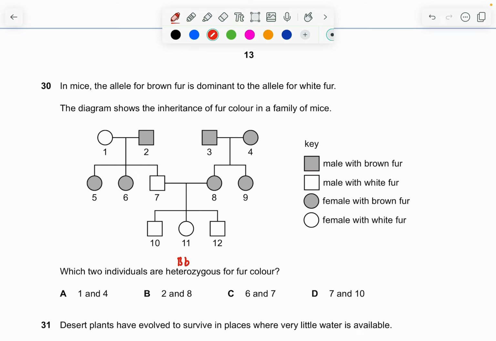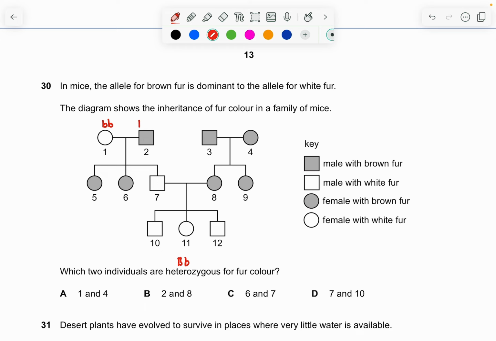So how do you know which two individuals are heterozygous? You can check by doing it one by one. For example, this one is a female with white fur, so you expect this would be small b, small b.